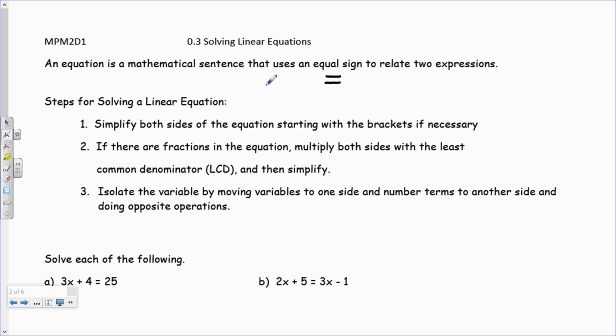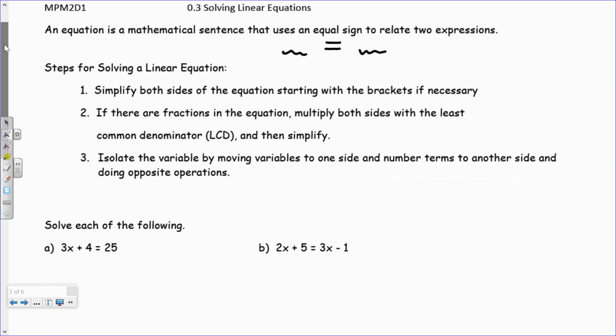So don't write two equal signs in one line. That is not an equation. That is simplifying algebraic expressions. You could write equal sign continually, but for an equation, you should have only left side, right side, one equal sign for one line.